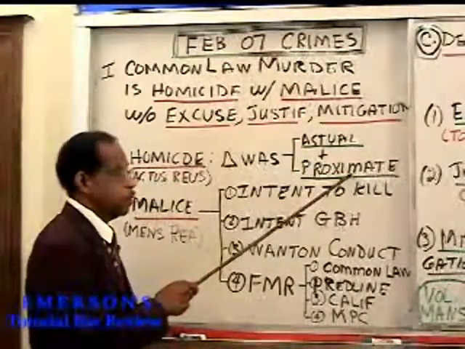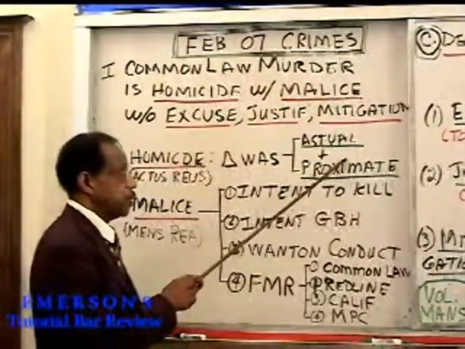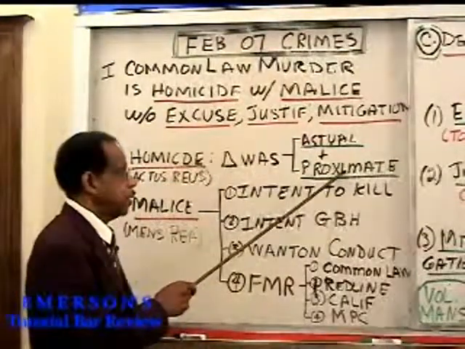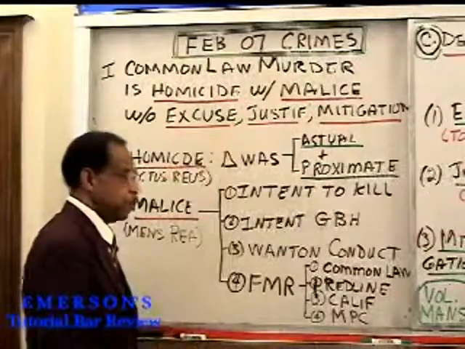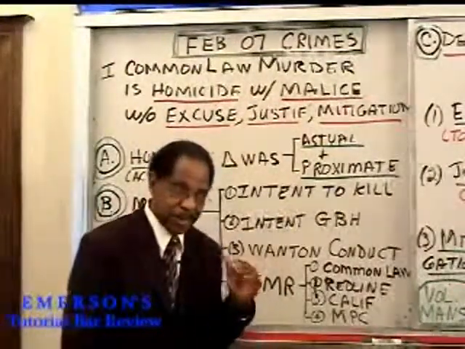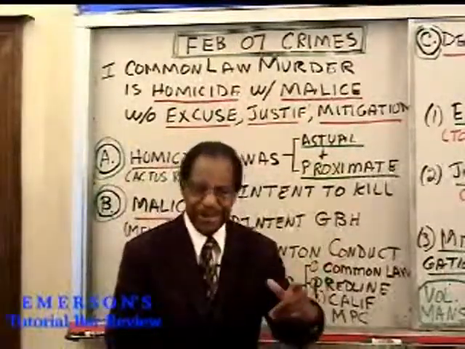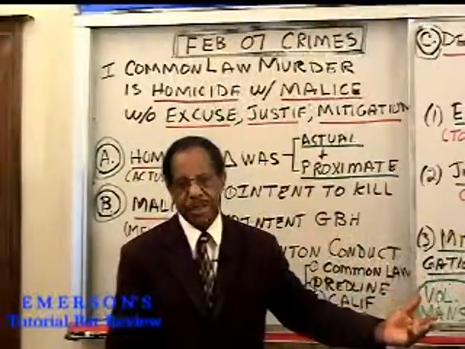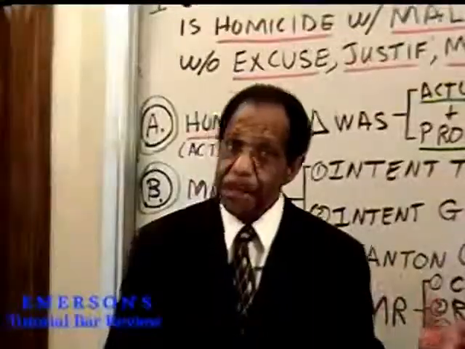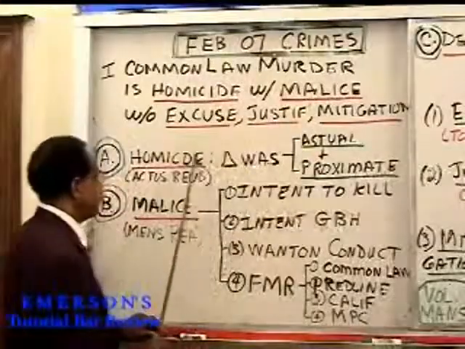In torts, we call them superseding causes. We're asking here, was there some superseding cause which terminated the defendant's liability? Or even if you don't have a separate superseding event, you can have such an improbable, bizarre, strange sequence of events that led to the injury that nobody would have foreseen that, and that might be enough to terminate a person's liability. Takes care of that.